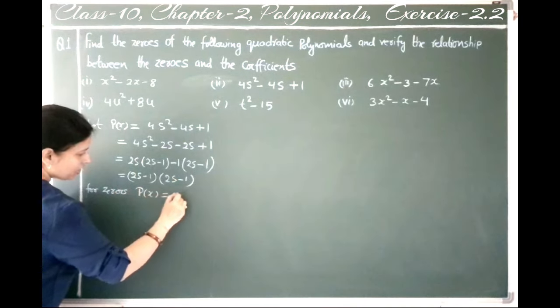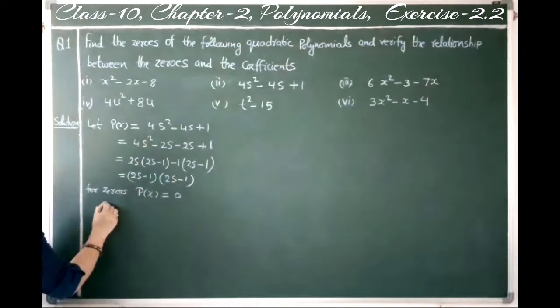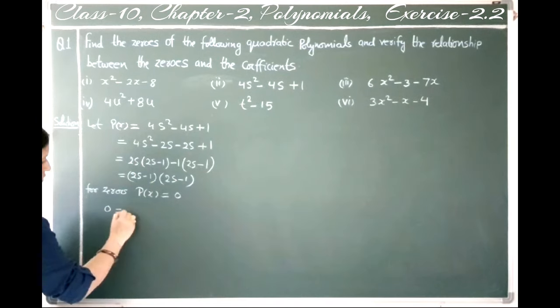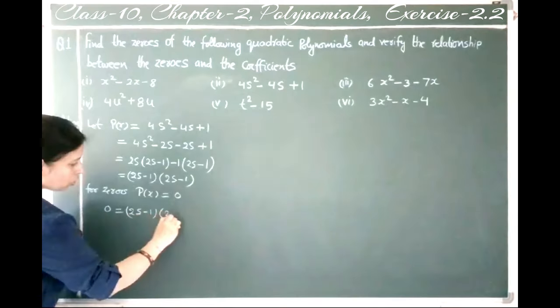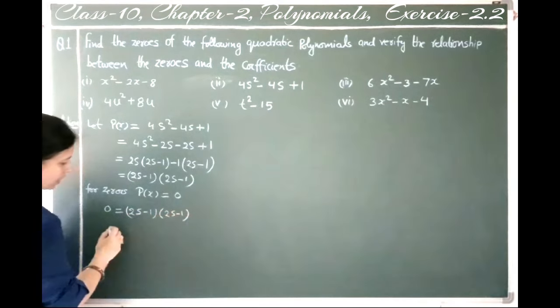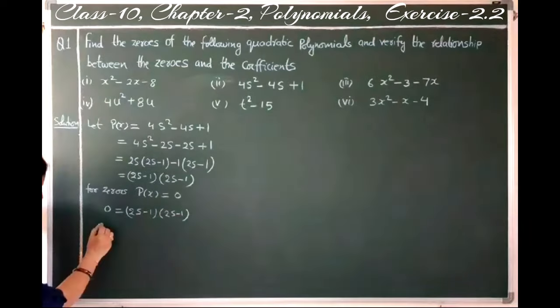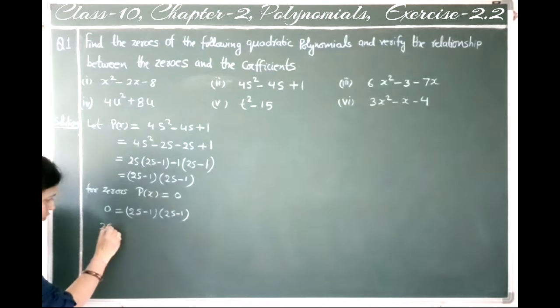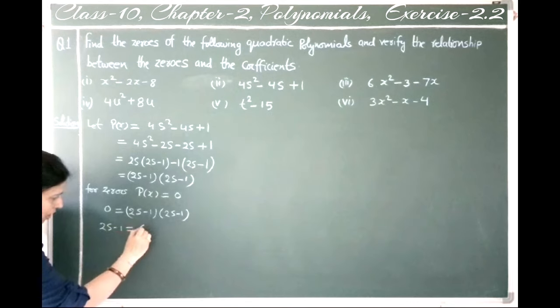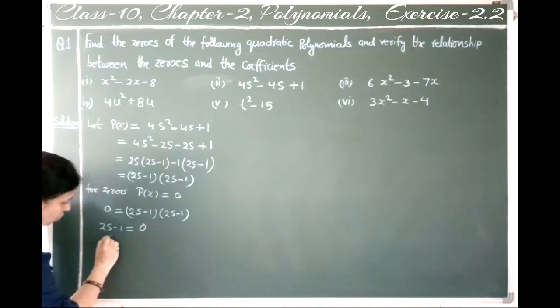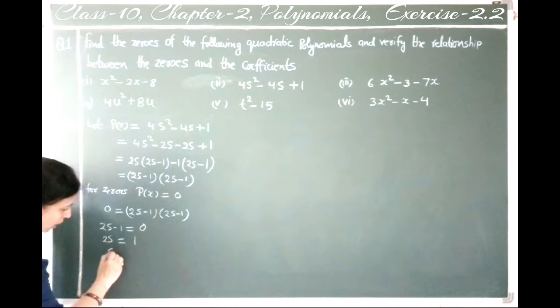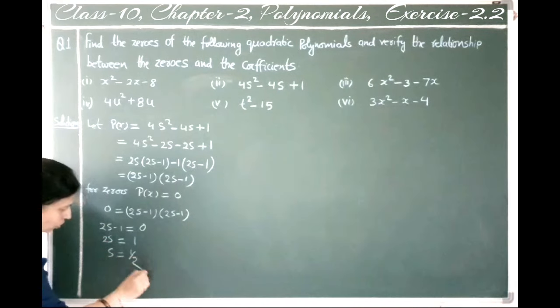Px is equal to 0. So we can write 0 is equal to 2s minus 1 into 2s minus 1. Then what will be s? So we can write 2s minus 1 is equal to 0. Then 2s is equal to 1, so s is equal to 1 by 2.